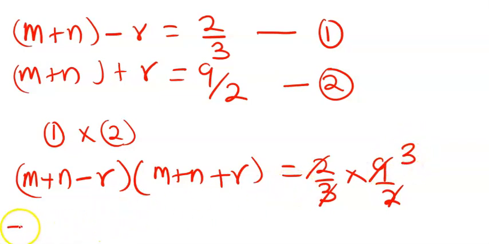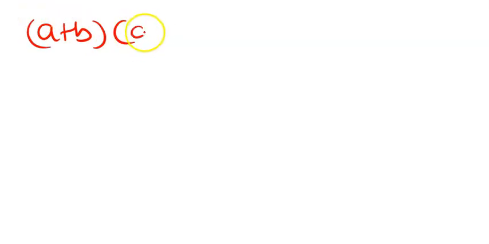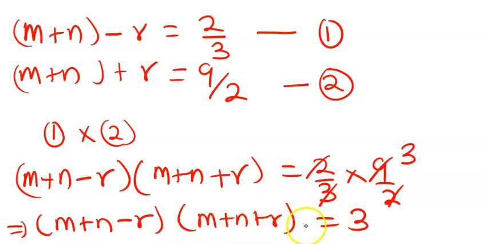So we have m plus n minus r times m plus n plus r, which is equal to 3. Now, from algebraic identities, a plus b times a minus b is the difference of two squares, a squared minus b squared.